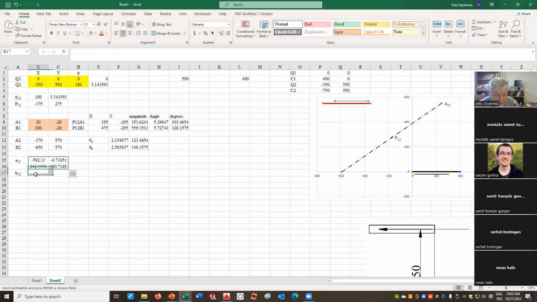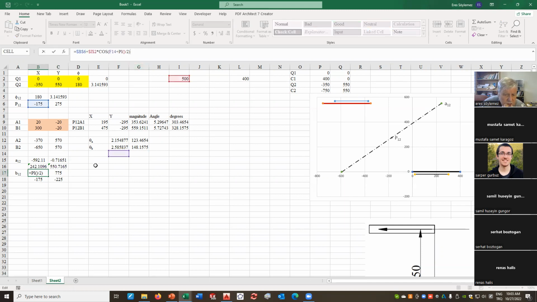Control C, Control V. I have to check. It says move two down.